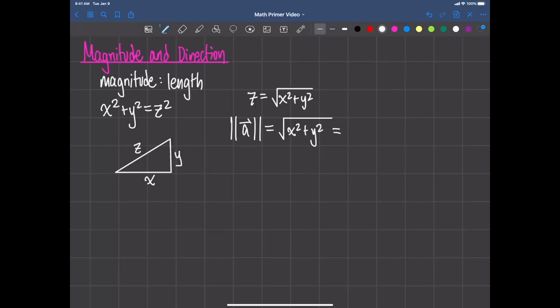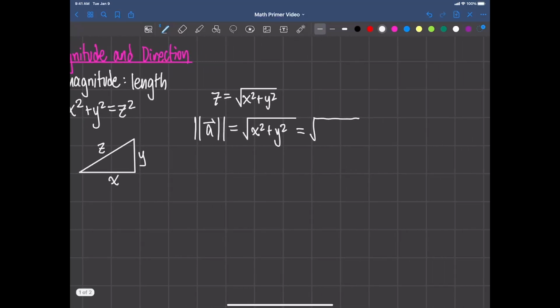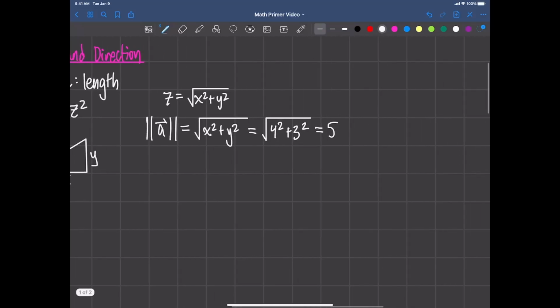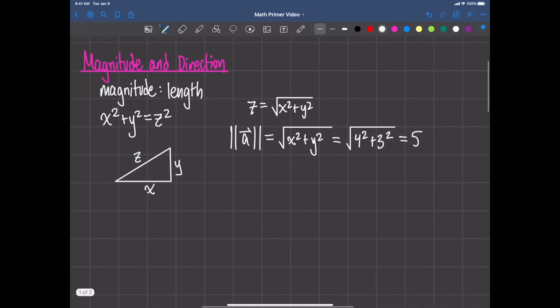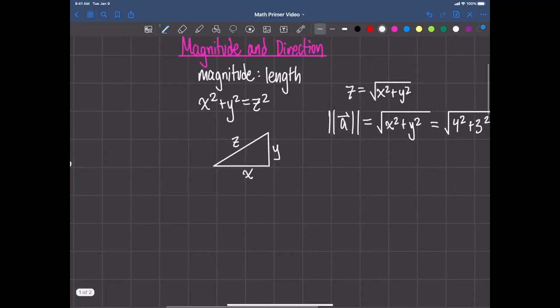In this case, for vector A, it would be the square root of 4 squared plus 3 squared, which equals 5, since 16 plus 9 is 25, and the square root of 25 is 5. The magnitude is a scalar value. For example, for a velocity vector, its magnitude would be speed.